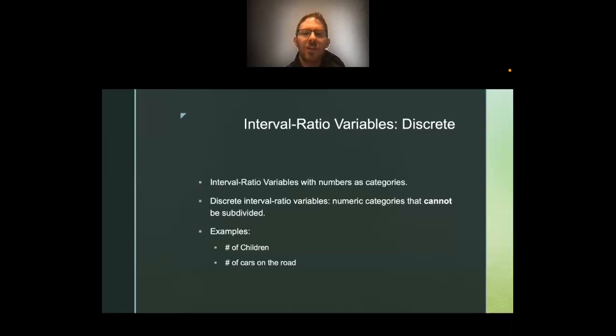You can't subdivide children, meaning someone should not be able to report, I have 2.3 children on a survey. I would be worried about that third of a child, right? And you can't subdivide number of cars on the road or things like that. So it's number of categories that can't be subdivided. The whole number itself is the most basic unit that's possible.